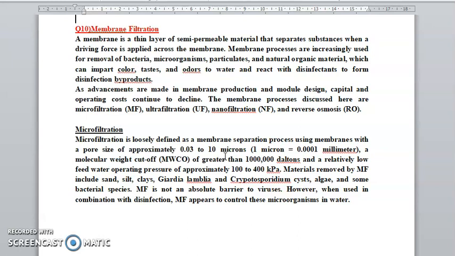The membrane processes discussed here are microfiltration, ultrafiltration, nanofiltration and reverse osmosis.